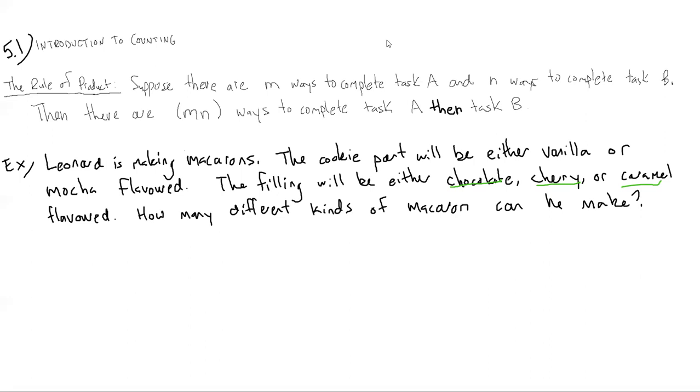So in this case, what we can do is organize this into task A, then task B. So that's his, if we want to make the macaron, it consists of choosing the cookie. That's not how you spell cookie.